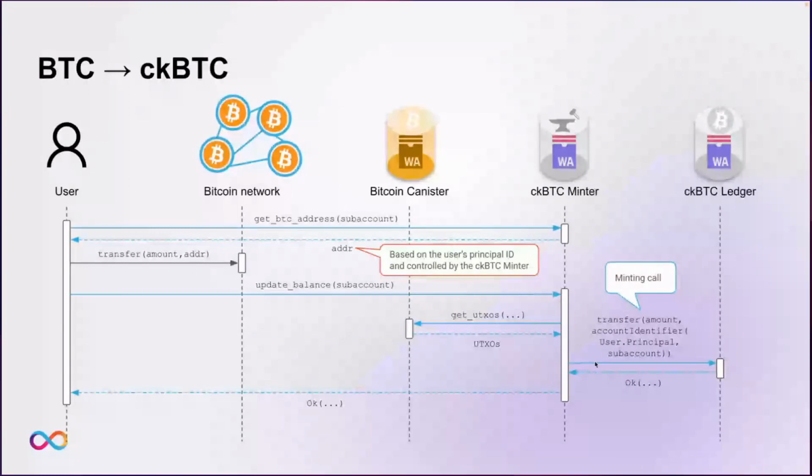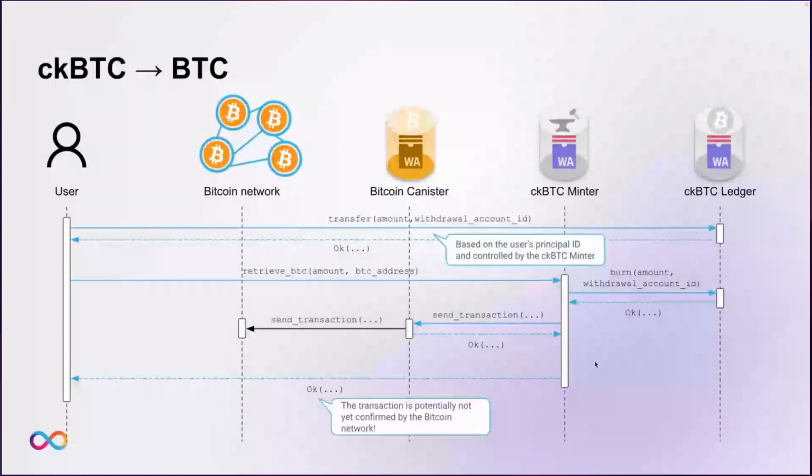To go the other way around, the user sends their ckBTC to a dedicated withdrawal account that is also based on the user's principal and also controlled by the minter. Note that this time, the transfer we make is a call to the ckBTC ledger on the Internet Computer. Once that transaction is complete, we again notify the minter about our transaction by calling the retrieve BTC method.